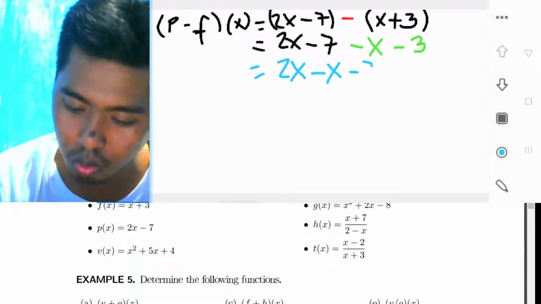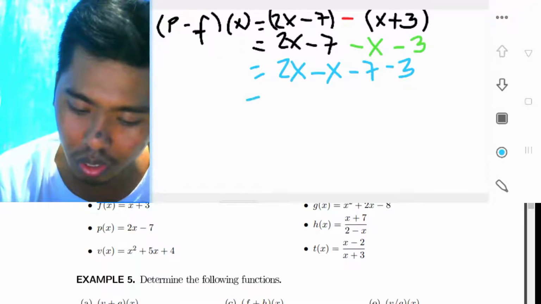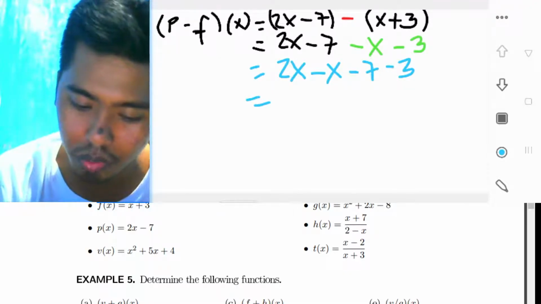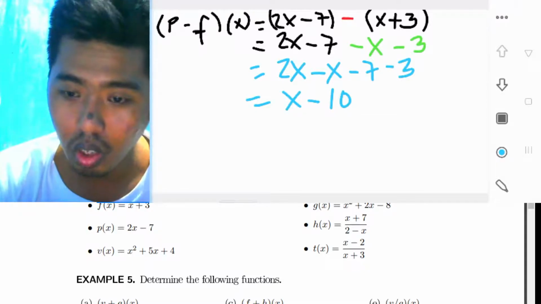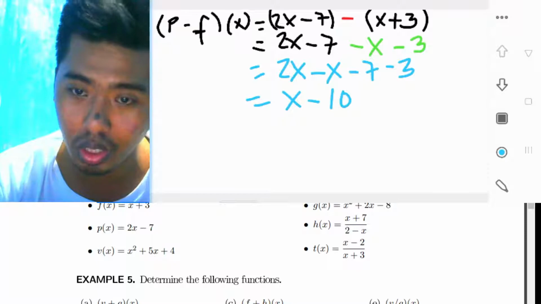You can do rearranging it first, and after you rearrange it, then that would be the time you add like terms. So this one would become x minus 10. All right, so that would be your answer in letter D.